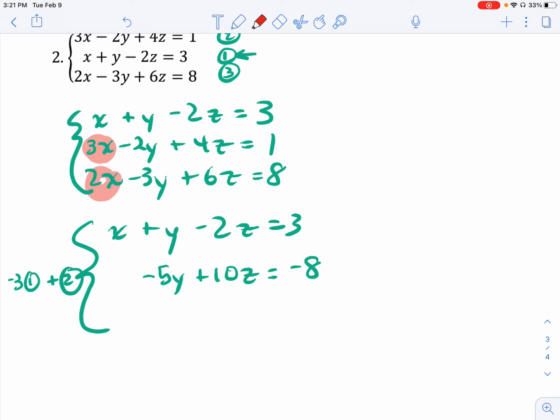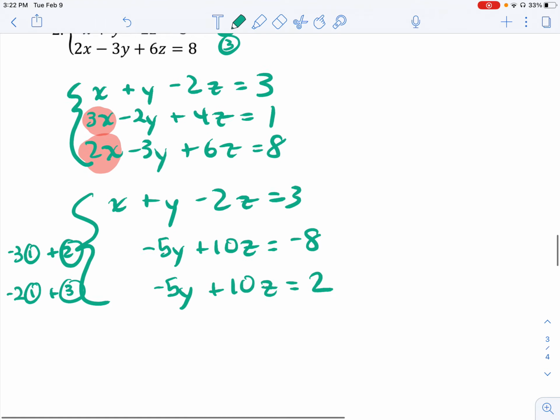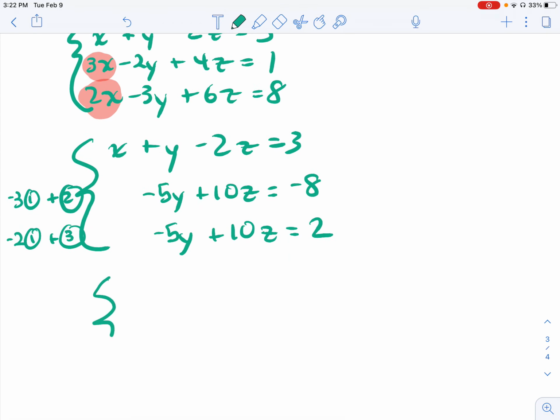Next, I want to eliminate this 2x term. So I'm going to multiply -2 times row 1 plus row 3. And let's see, that's going to give me -5y plus 10z is equal to +2.